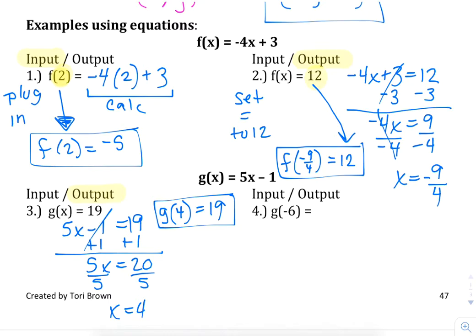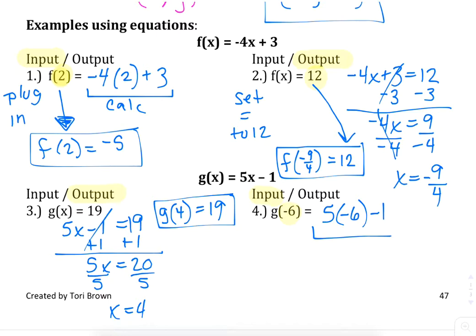Okay, going on to number 4. Do you have the input or the output? If it's in the parentheses, you have the input. Okay, so let's go ahead and take that -6 and plug it into the equation. So I'm taking 5, plug in my x number, minus 1.